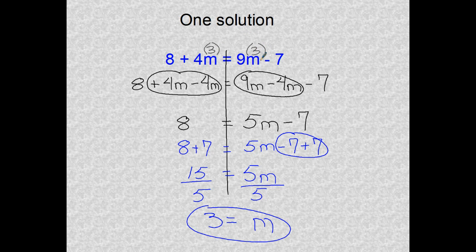And if I want to check real quick, I have 8 added to 12 equaling 27 subtracted by 7. So 8 added to 12 is 20, and 27 subtracted by 7 is also 20, so this checks out. So 3 is the value of m.